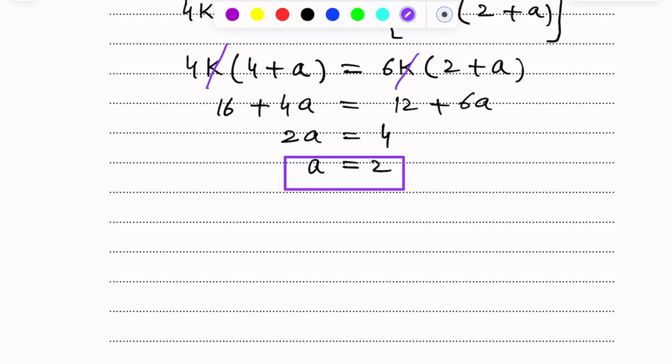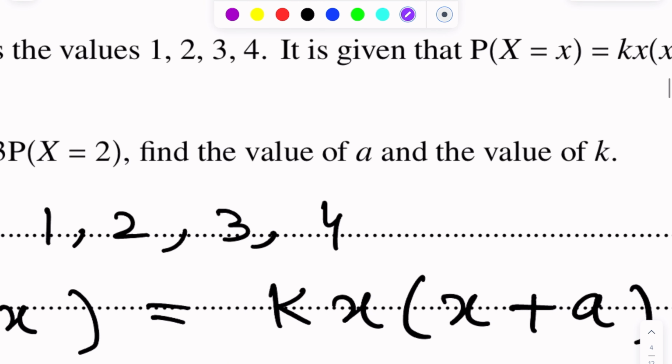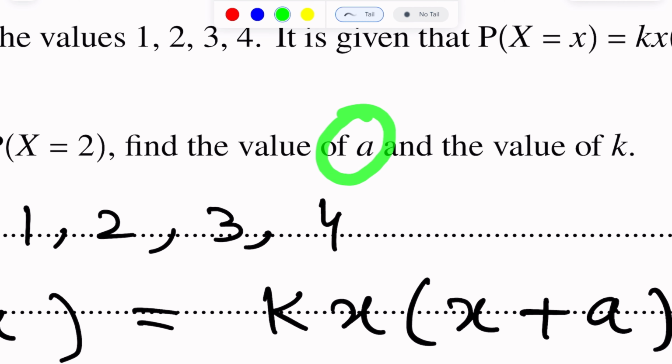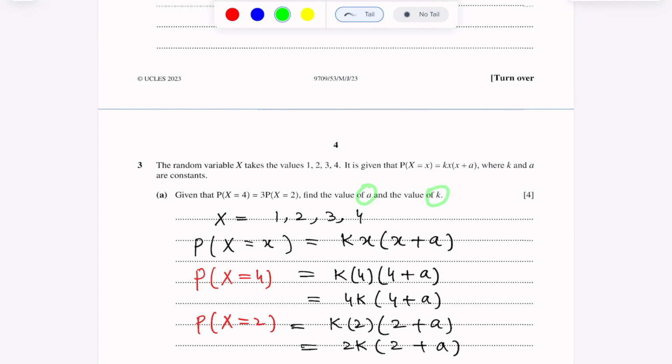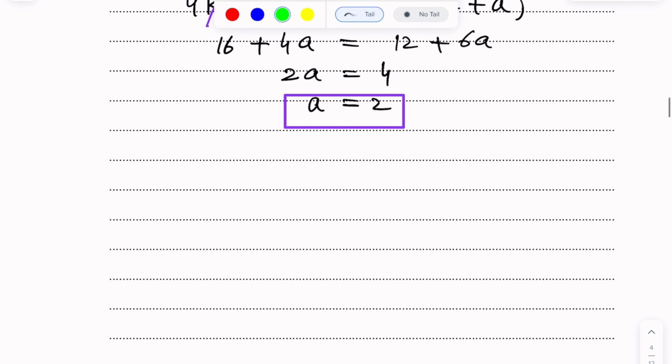Now we have to find the value of k also. A we have found, and we also have to find the value of k. Now we can construct the probability distribution table for it.